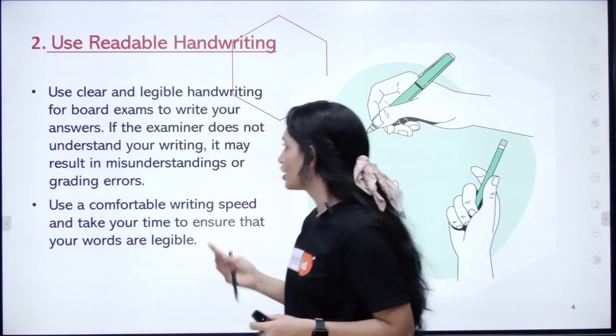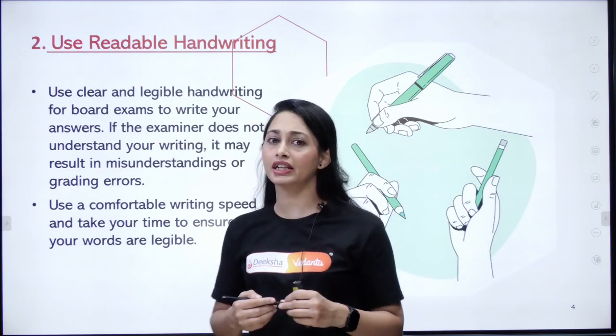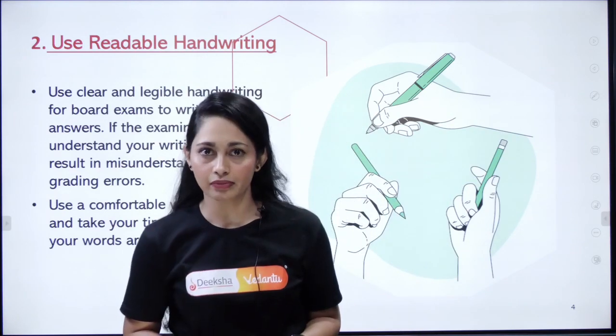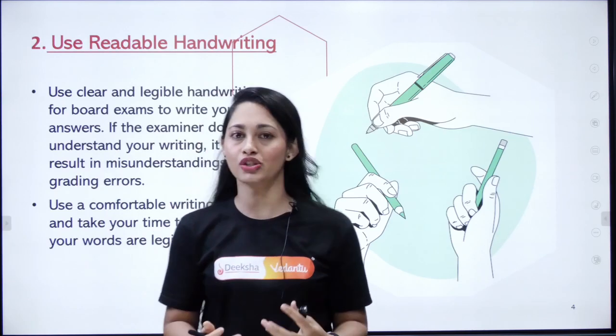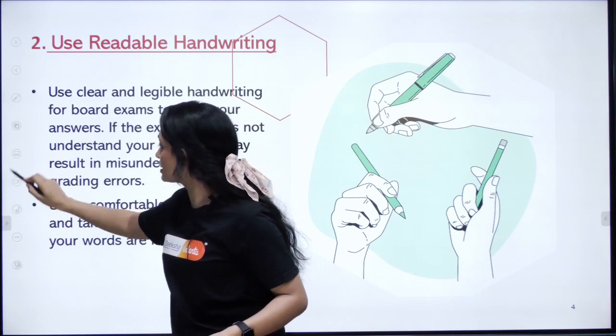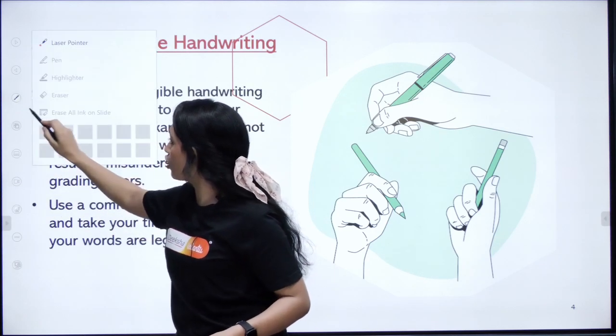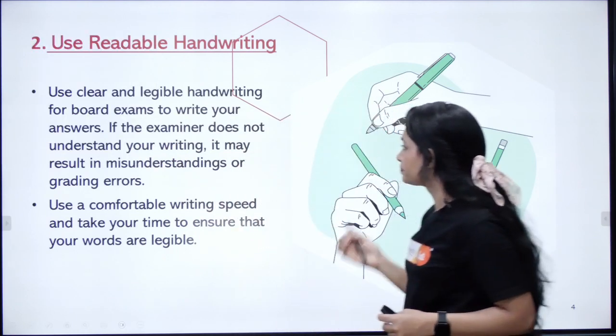So use clear and legible handwriting. You don't have to write the way you do in calligraphy or on posters. There is no need, don't waste your time, but the handwriting should be very clear and legible. This is of immense importance.